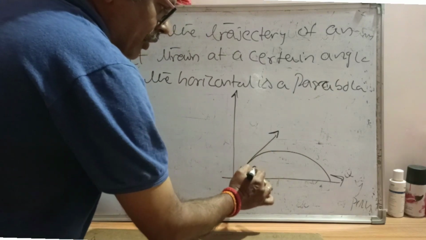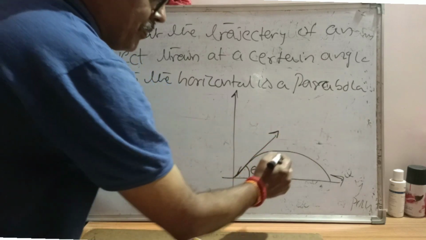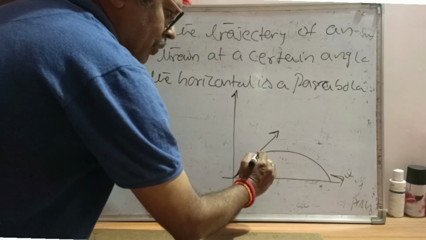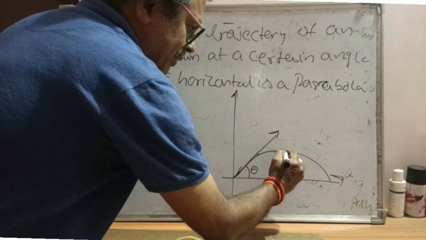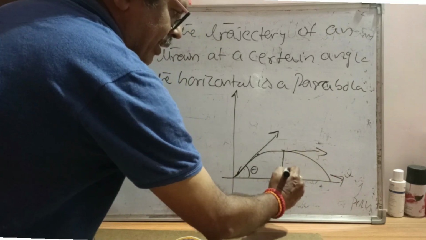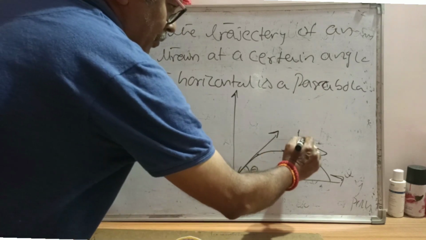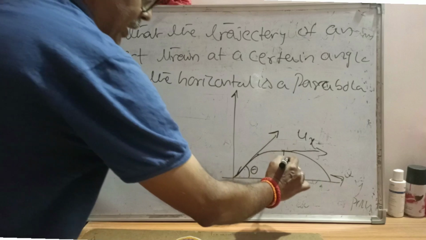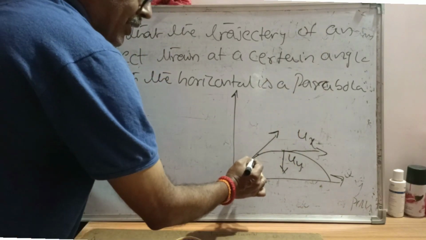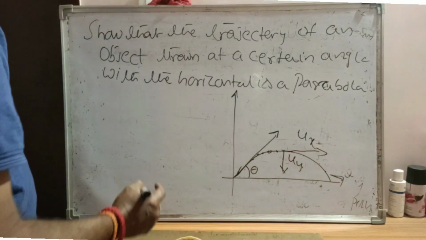When the object is thrown with a certain angle theta, since the object is moving in a plane, the velocity vector can be resolved into two components, because the horizontal component of velocity acts, and at the same time the vertical component of velocity also acts. Therefore, ux is the horizontal component of velocity and uy is the vertical component of velocity at each and every point in the path of the trajectory.